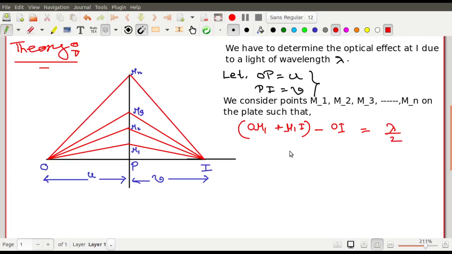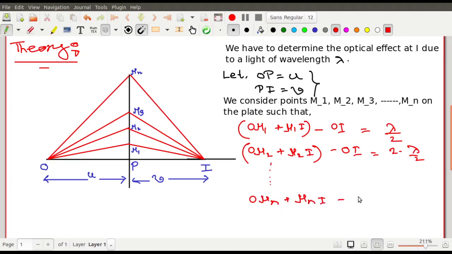We just consider this. Then OM2 plus M2I minus OI, this one we consider to be 2 into lambda by 2. And this one we just proceed, and OMn plus MnI minus OI, this one is n lambda by 2.